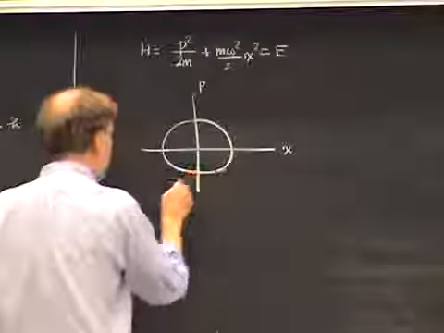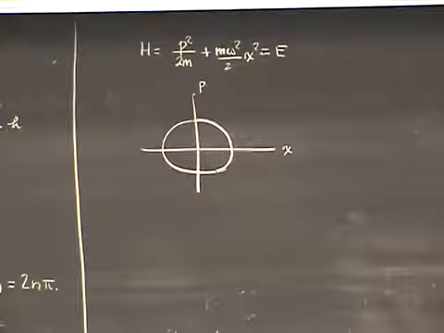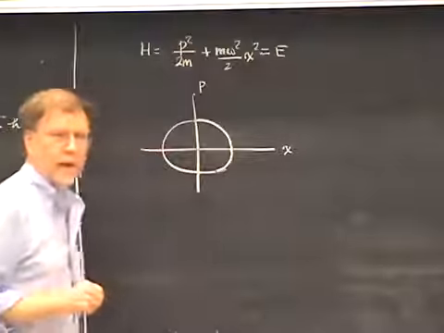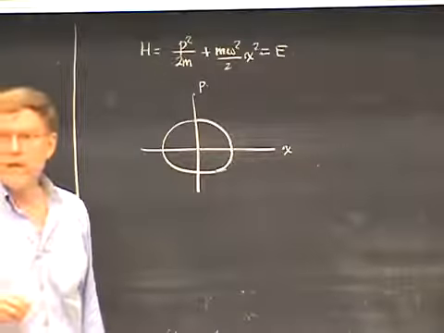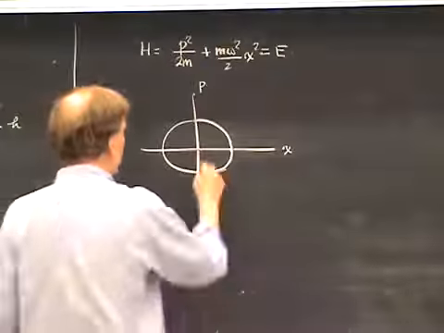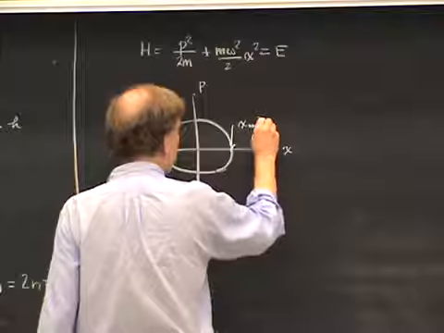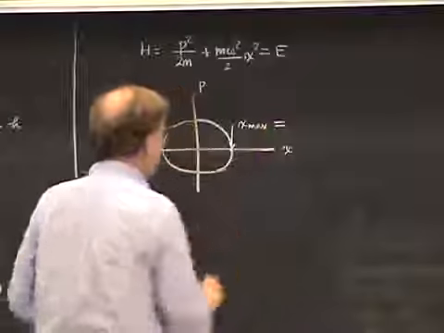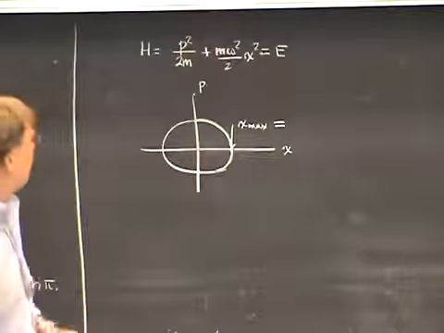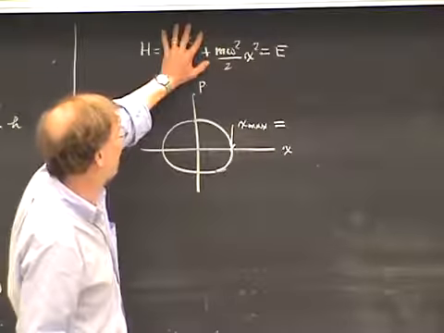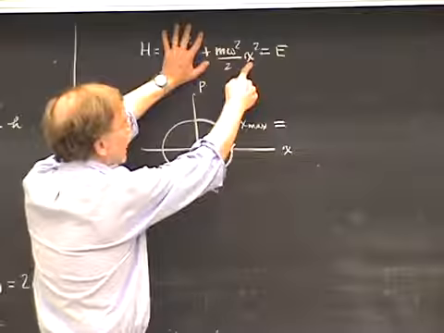And to use the Bohr-Sommerfeld rule, we're going to need the area of the orbit. Well, the area of an ellipse is pi times the semi-major axis times the semi-minor axis. So let's call this x max here the maximum position for x. That's the x-intercept of the orbit. We get that by setting momentum p equal to 0, so the kinetic energy term goes away, and then solving for x.